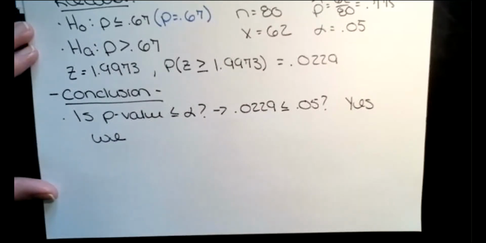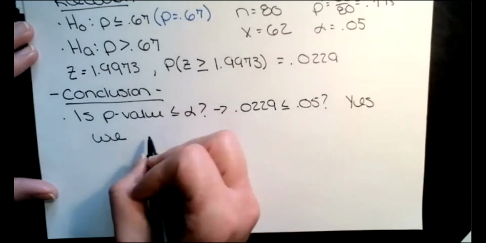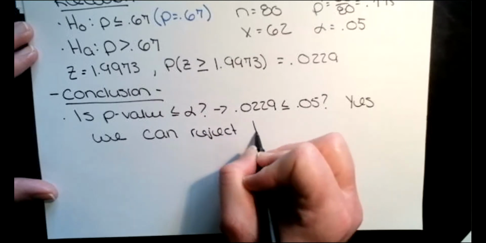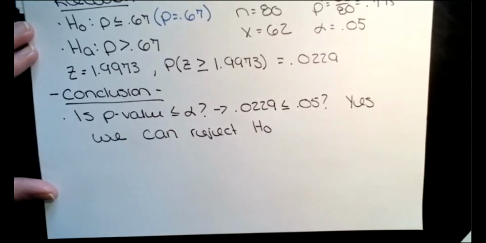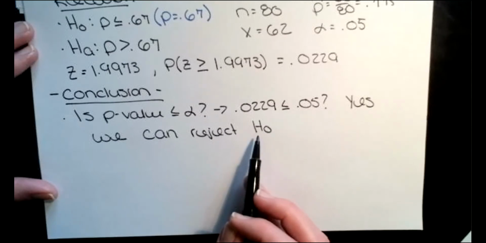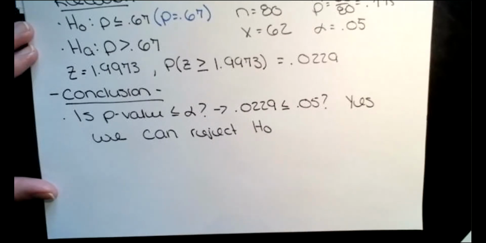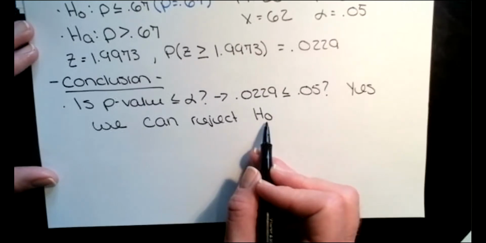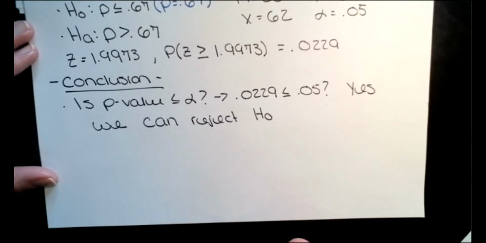we can reject our null, right? So yes, we can reject our null. So what I'm saying is that our sample is showing support to say that the null is not true. That's what I'm saying here. So now I want to always write my conclusion, not about the null, but about my goal, about the HA.